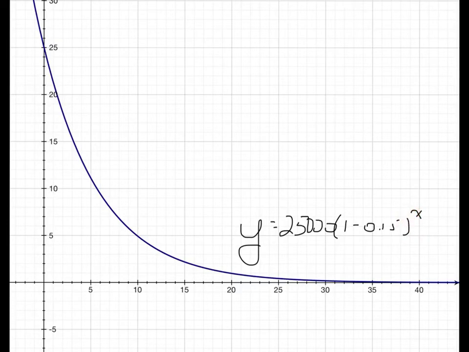Now, the scale on our y-axis is in the thousands, so this would represent 25,000, and you see at year 0, that's our initial starting time, the car is worth $25,000. And the question asked us about the value of the car after 5 years, and it looks like that's approximately $11,000, which is the value we found algebraically.